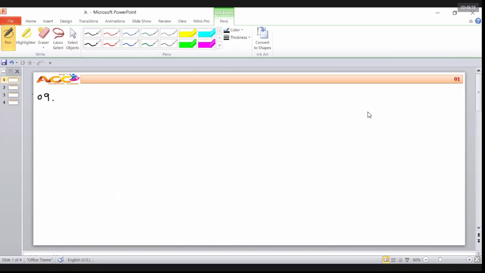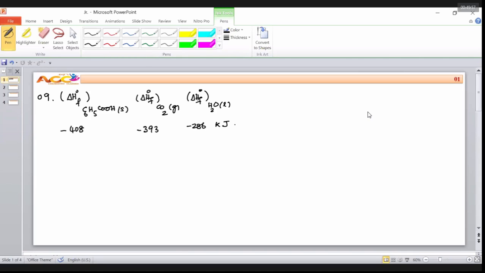Now see this one. Standard enthalpy of formation of benzoic acid and carbon dioxide and water, sorry, this is given as solid, are minus 408, minus 393, minus 286 kilojoules per mole.